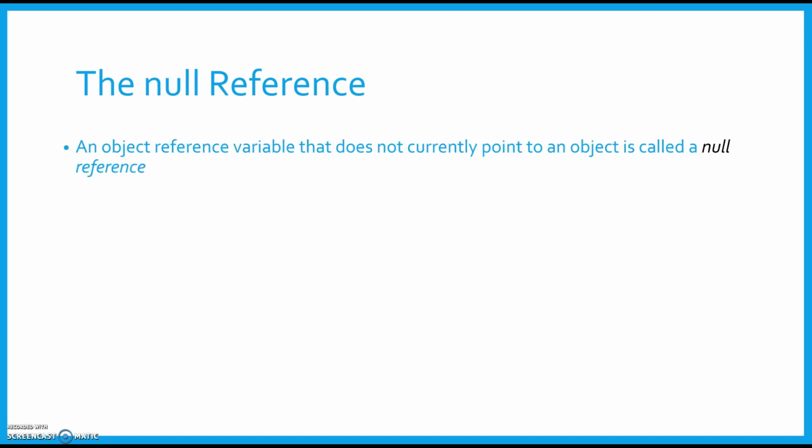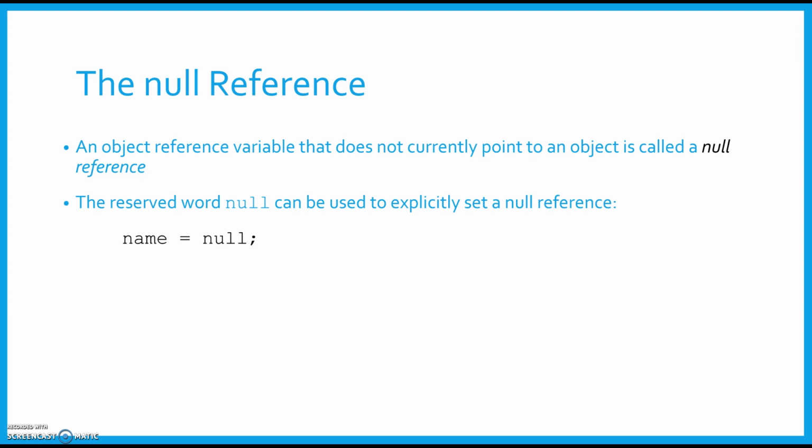You do this by comparing the reference variables using the equality operator or the not equal comparer. Do not use the equals method to perform a null check. You'll get a null pointer exception if you do. An object reference variable that does not currently point to an object is called a null object or a null reference. The reserved word null can be used to explicitly set a null reference.